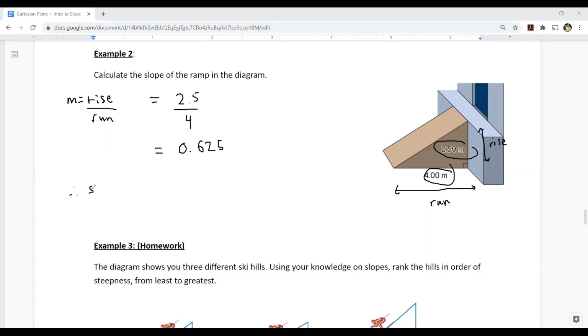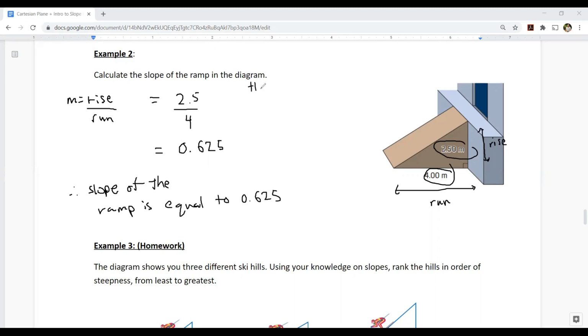Therefore, the slope of the ramp is equal to 0.625.